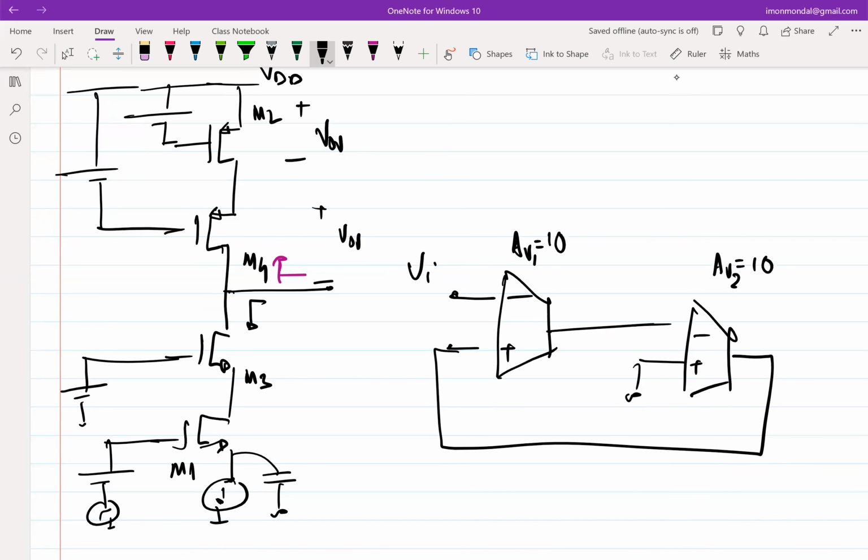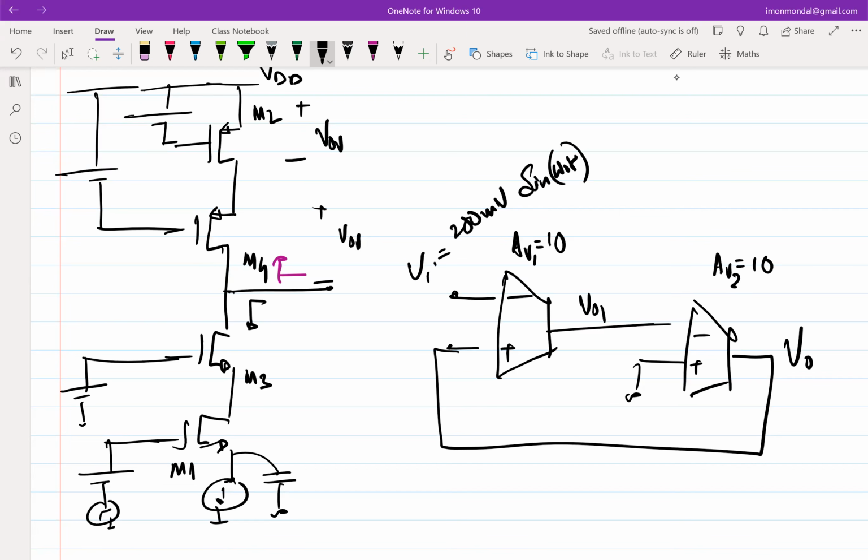Okay. And let's say VI is VP sine omega t, let's say 200 millivolt sine omega t. So what is the peak to peak swing of VI? 400 millivolt. Okay. So let's say this is V0 and this is V01.